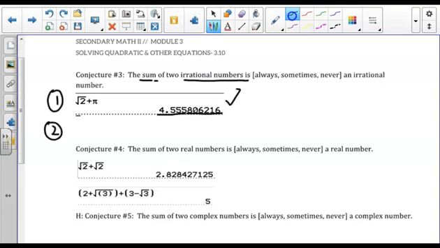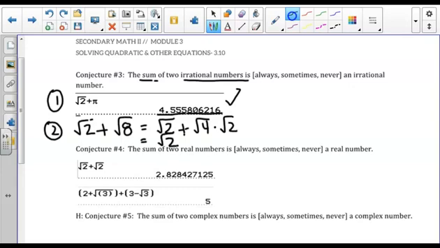If we look at the square root of 2 plus the square root of 8, which are both irrational numbers, we can simplify the square root of 8 into the square root of 4 times the square root of 2. The square root of 4 is 2, so therefore this is equivalent to 2 root 2, which is still irrational.